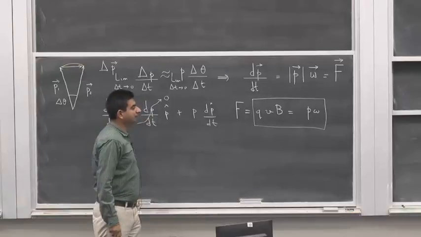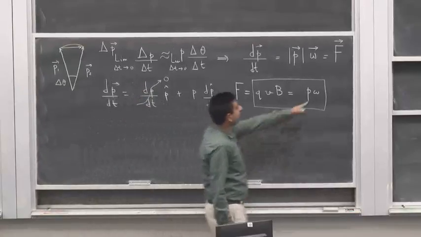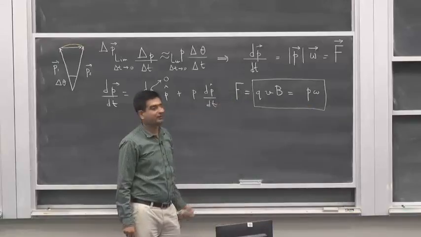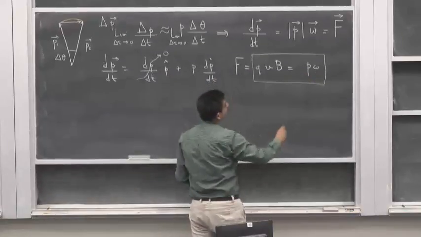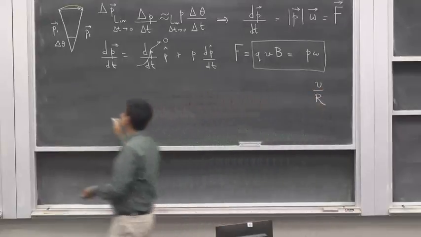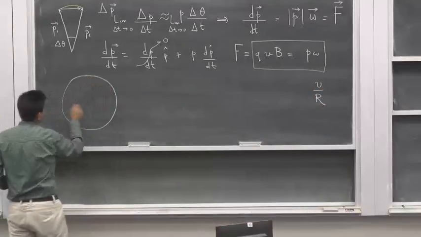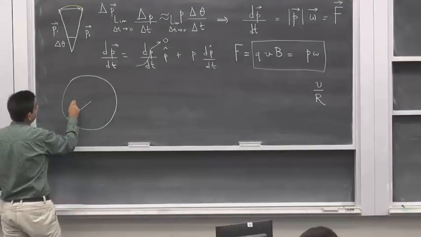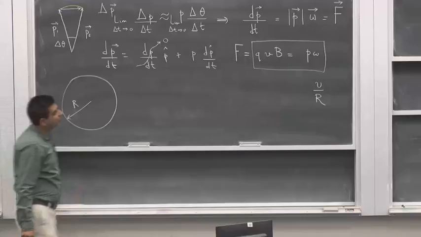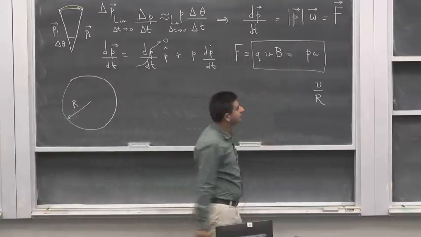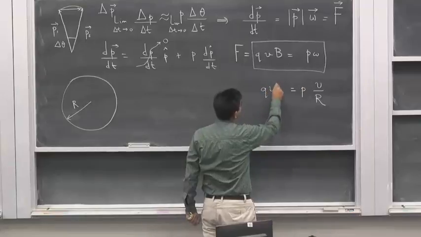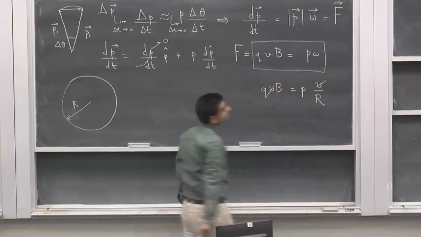Now if I were to do something else, I would replace this omega by V over R. I can replace omega by V over R because it's circular motion, and R is the radius of this trajectory. So I have a radius R and the particle is moving inside this circle inside the magnetic field. I get P equals QBR, so this V just goes away.